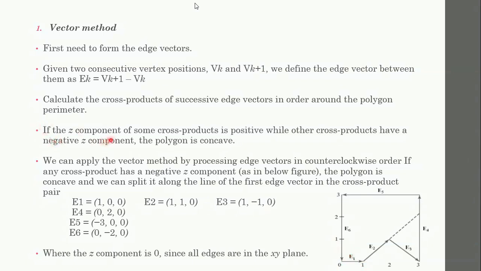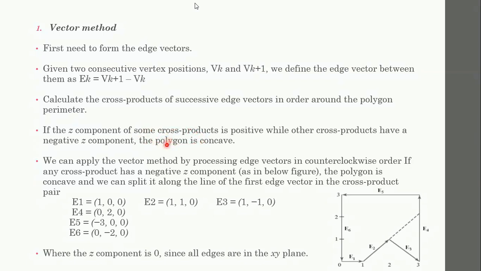If the z component of some cross product is negative while the other cross products have positive z components, the polygon is concave. So after conducting the calculation, you get a cross product.